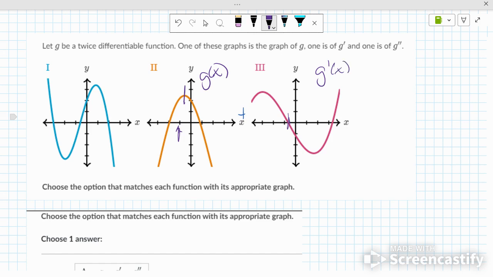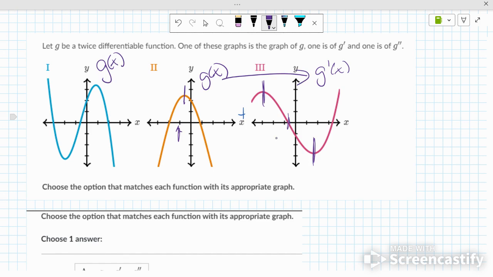So is 1 the first derivative of g? Well, from here to here, it's decreasing, so it should be below the x-axis from there to there. Is it? The answer is no. So we're off, but we know that this leads to that one. So let's see if this is g of x.